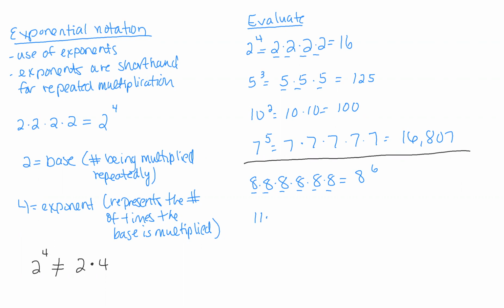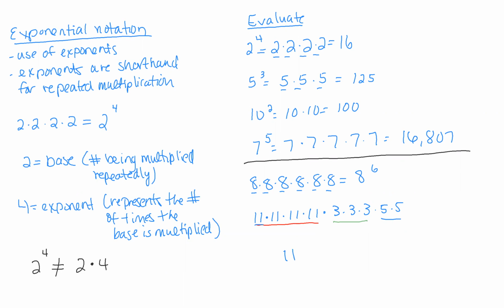What if I had 11 times 11 times 11 times 11 times 3 times 3 times 3 times 5 times 5? So in this particular case, hopefully it's easy to see that you have 1, 2, 3 bases, okay? So if I look at just the 11s, my base of 11, all right, well, how many times did I multiply 11 by itself?